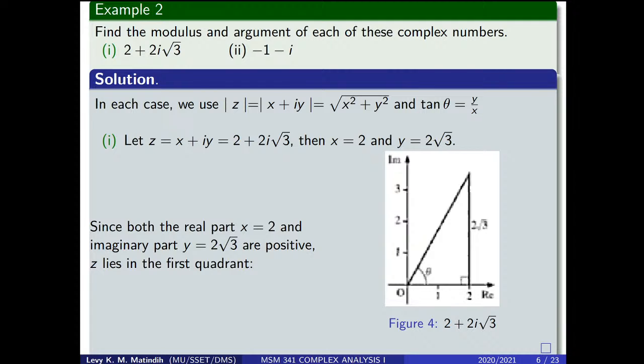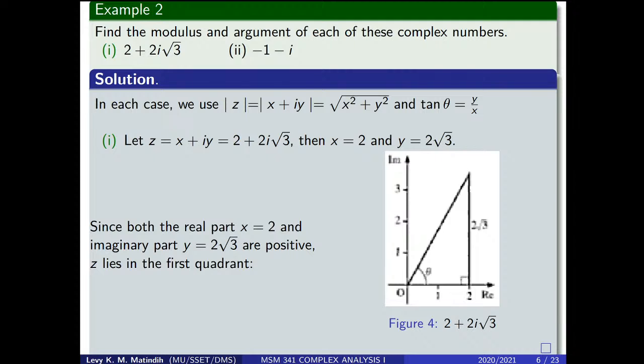This one we use to find the modulus of this complex number. And the formula tan theta is equal to the imaginary part of the complex number divided by the real part, to find our argument.